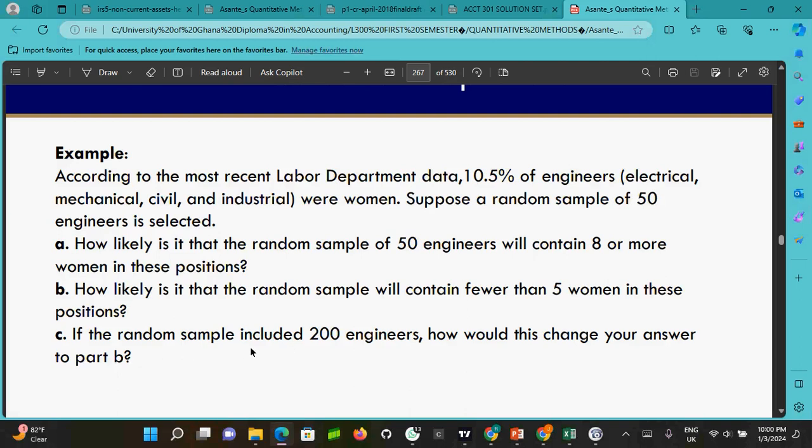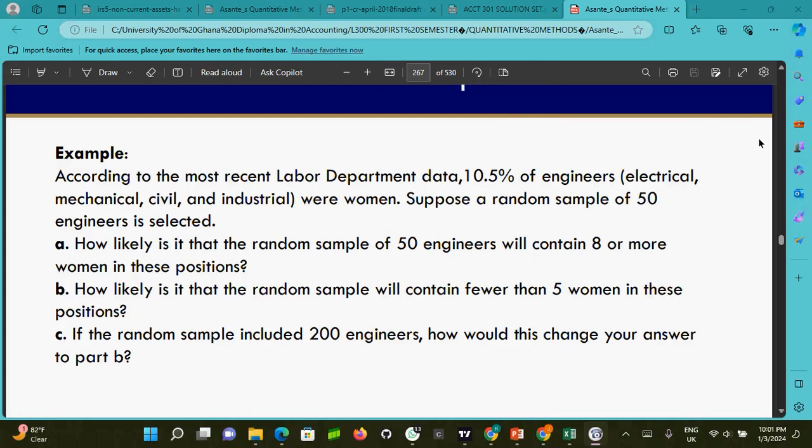And if the random sample included 200 engineers, how would this change your answer? So basically, the probability of success here is 0.105. I hope you remember, right?